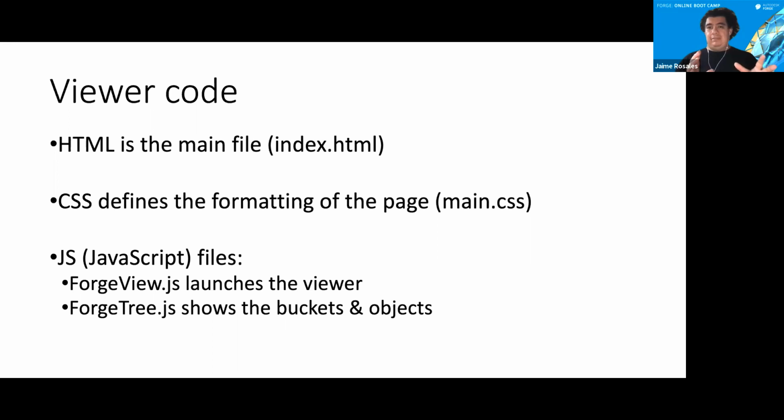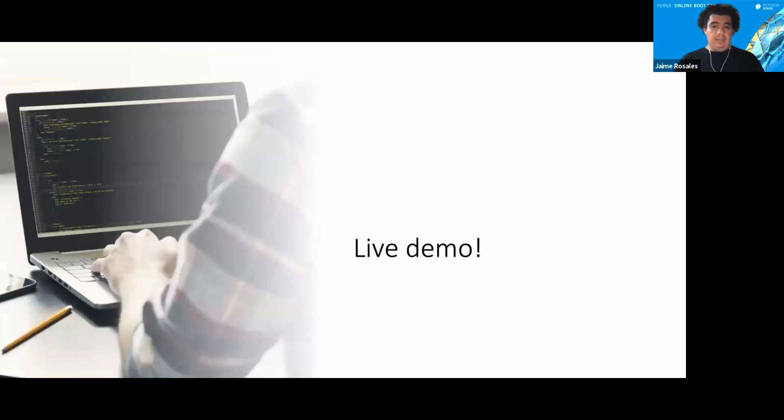It basically places the viewer in a certain location, the UI in a different location, and makes it look minimalist and pretty in some way. And then the JavaScript files, which are the ones that actually make our actions to launch the viewer, visualize the bucket, upload the files, and translate the files, not the bucket. And then we're good to go. So let's go to the live demo for this.